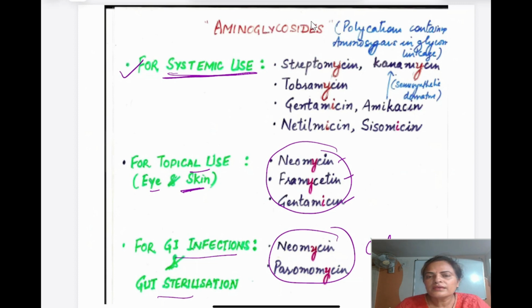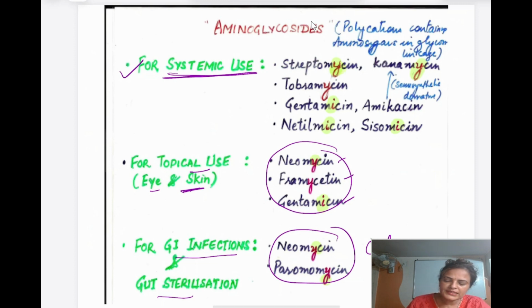Now you can see here, in all the aminoglycosides I have given a red color to Y and I. A few of the aminoglycosides are spelled with mycin ending in Y, and a few end in mycin with an I. What is the significance of this?